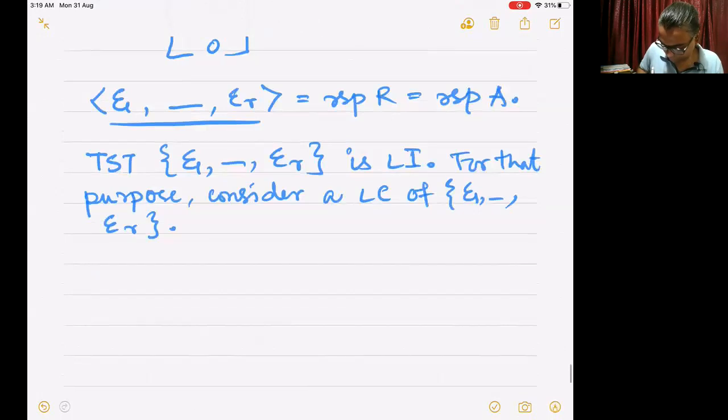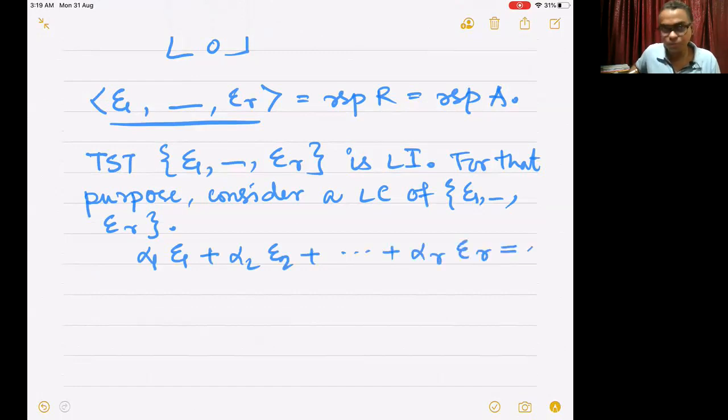So what is that? Alpha 1 epsilon 1 plus alpha 2 epsilon 2 plus dot dot dot up to alpha r epsilon r. And suppose this is equal to 0.